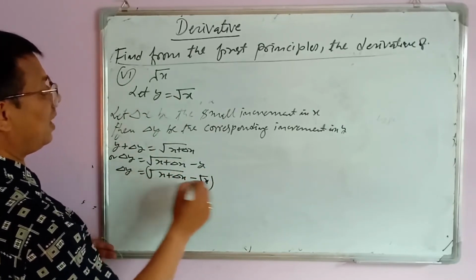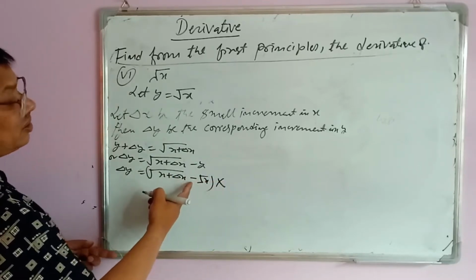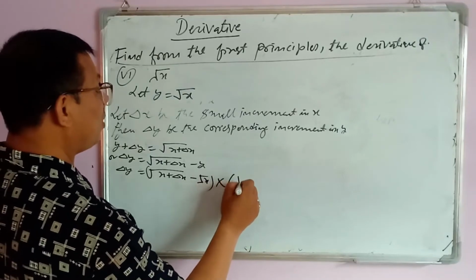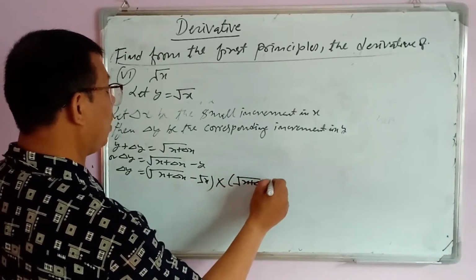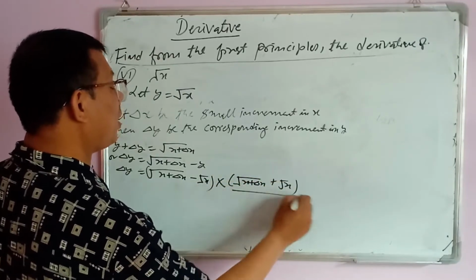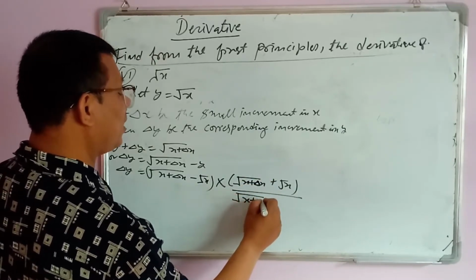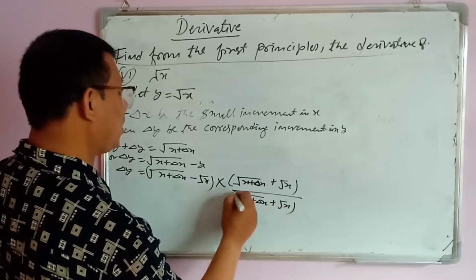Now we will do rationalization. Here there is a minus, so we should multiply by plus. If plus, then we should multiply by minus. Here rationalization we are doing: plus root x by root over x plus delta x plus root x.